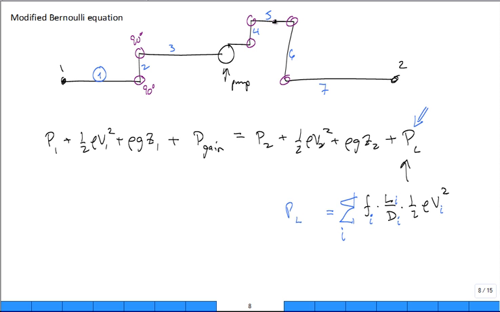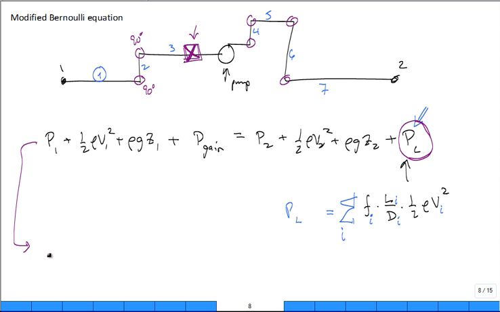Or maybe I had a restriction. Maybe I had a device right in here, and it had a big restriction, or it was a valve, a partially closed valve. So that would be a minor loss for that component. And you could then put it into this total loss, either in pressure or head.